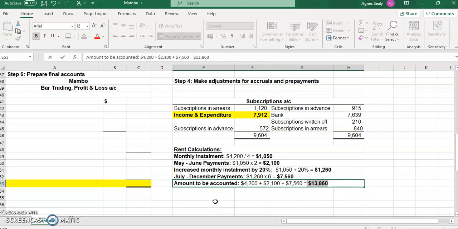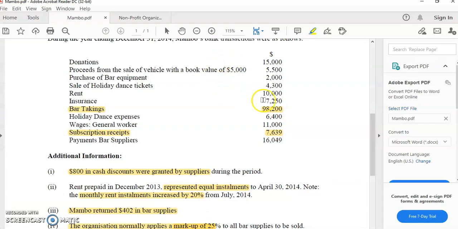But what we need to also find out is how much was prepaid, because remember from our question, it states that the rent that was paid for the year was $10,000. So that means based on what we calculated, some form of prepayment would have occurred during the year, because this $10,000 does not include the $4,200, which was from a previous year.